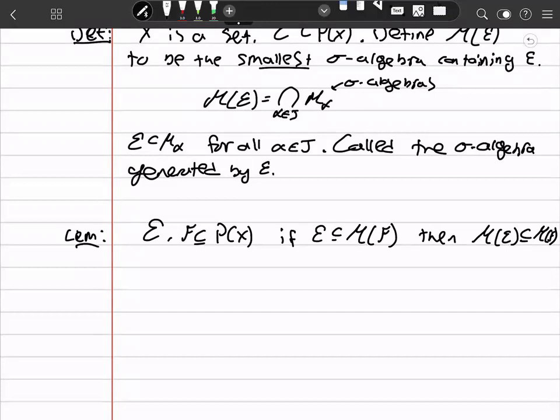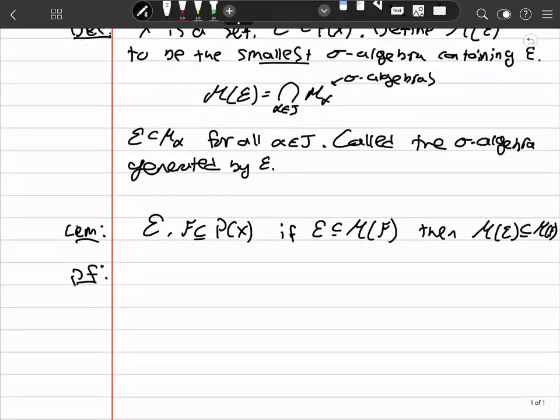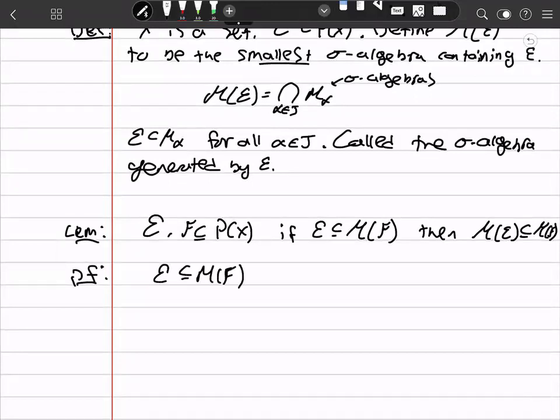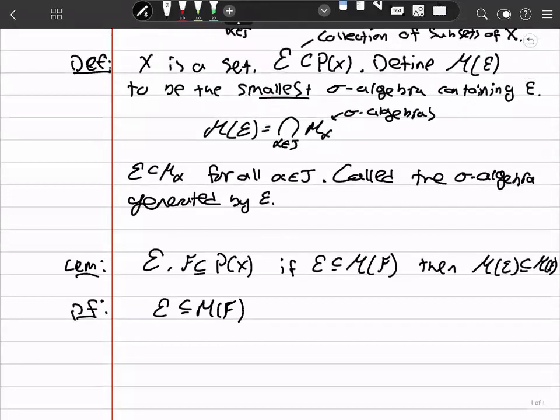So if our sigma algebra contains some given subset of the power set, then the sigma algebra generated by that is contained in the sigma algebra generated by F. This is pretty simple, and it basically follows from definitions, because if E is contained in M of F, then by definition it's one of these M sub alphas.